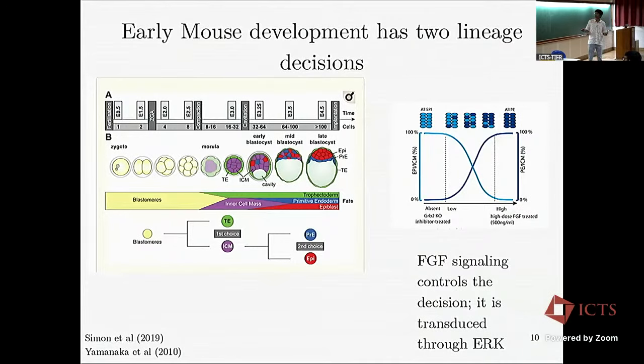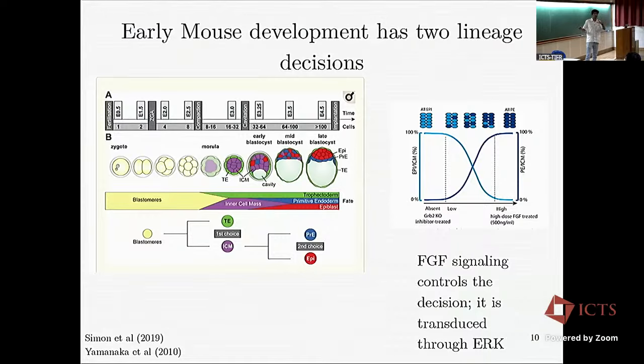The second of these decisions is what I'm going to be interested in. It turns out to be controlled by the FGF signaling pathway, which means if I give a high dose of FGF, then you get all primitive endoderm. If I treat my embryo with an inhibitor, then I get all epiblast. So this is in the class of systems that I've described to you abstractly, where you have 3 cell types, at least at these time scales.